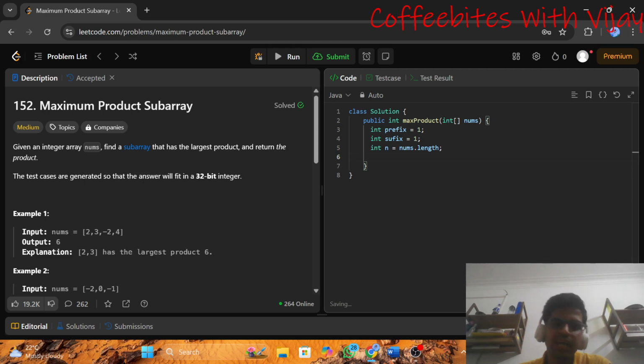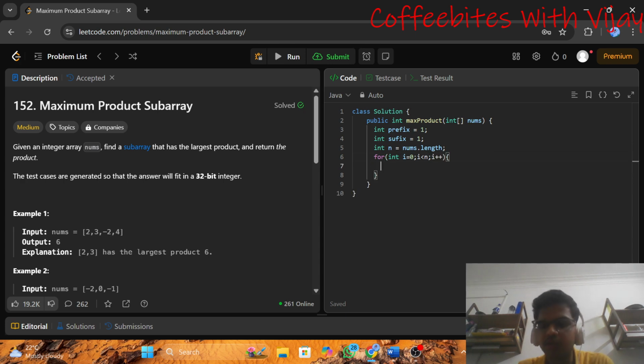Now what I'll do is I will run a for loop from 0 till n minus 1. I will traverse through the entire array. For int i equal to 0, i is less than n, i plus plus. Now I will write the condition, guys.